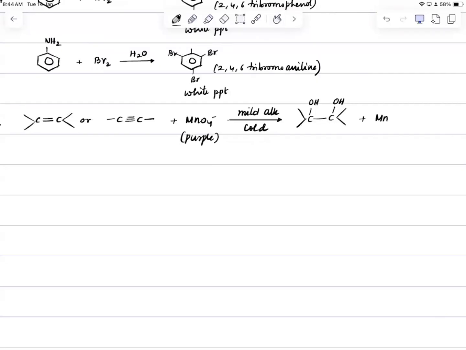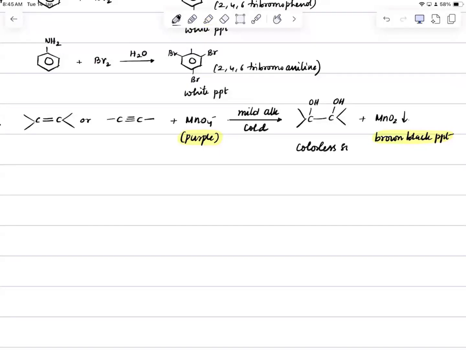And manganese will settle as a brown color precipitate. Brown, black PPT. So solution which is purple color is now turning into brown black precipitate and colorless solution.